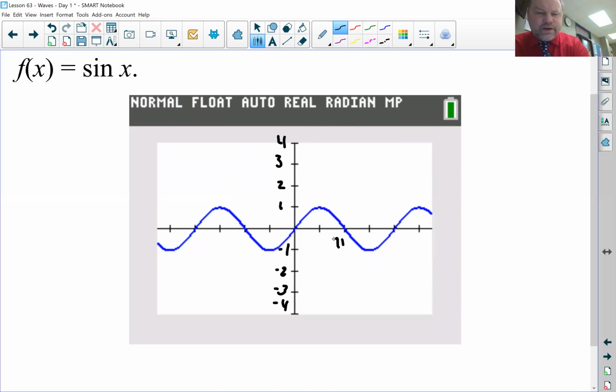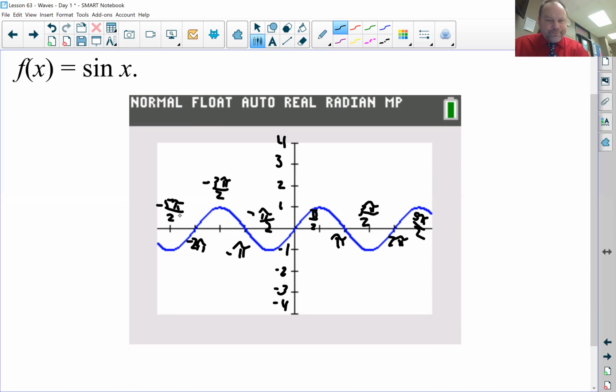This would be pi here and 2 pi here. So this would be pi over 2, 3 pi over 2, 5 pi over 2, negative pi over 2, negative pi, negative 3 pi over 2, negative 2 pi, negative 5 pi over 2.